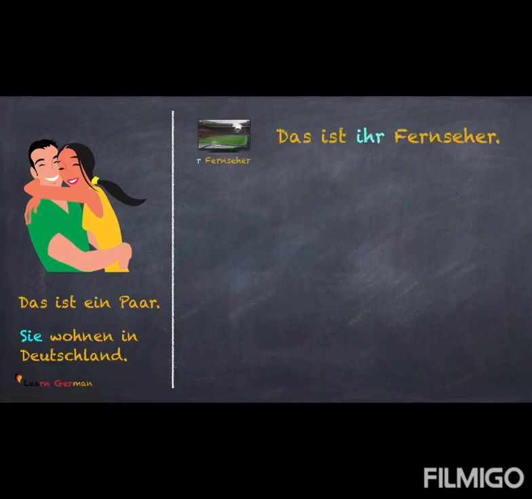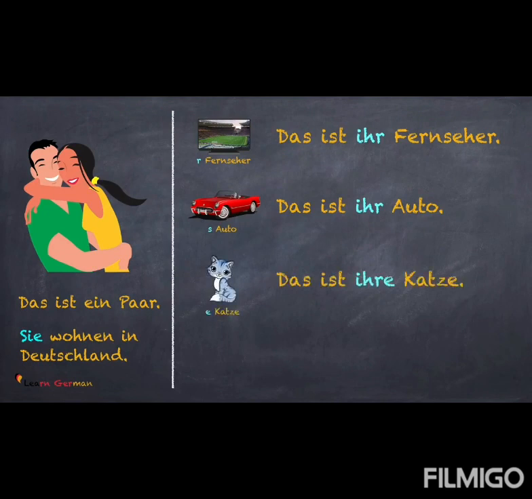Das ist ihr Fernseher. Das ist ihr Auto. Das ist ihre Katze. Das sind ihre Bücher. So once again, when the article is der or das, you would say ihr, and when the article is die, for feminine or for plural, you would say ihre.